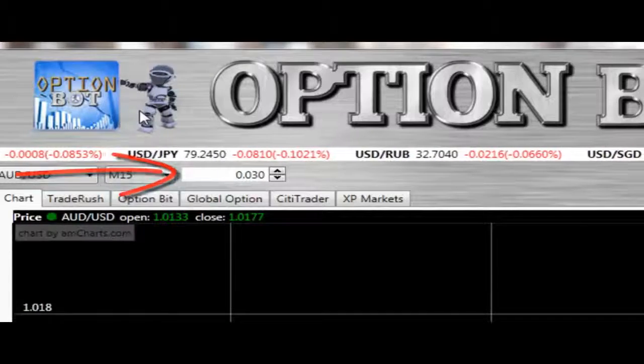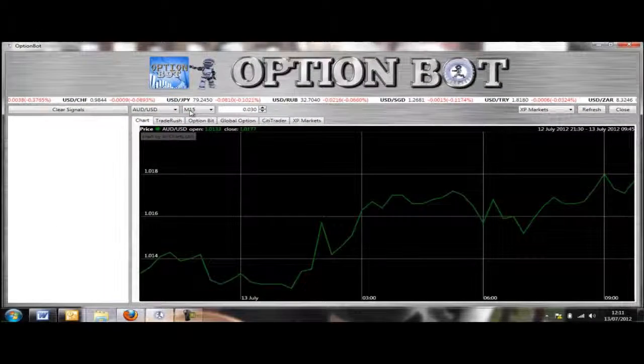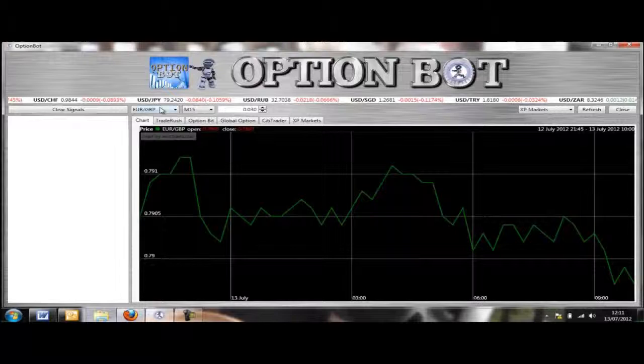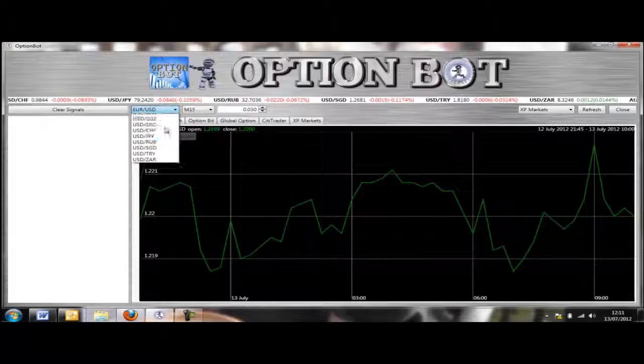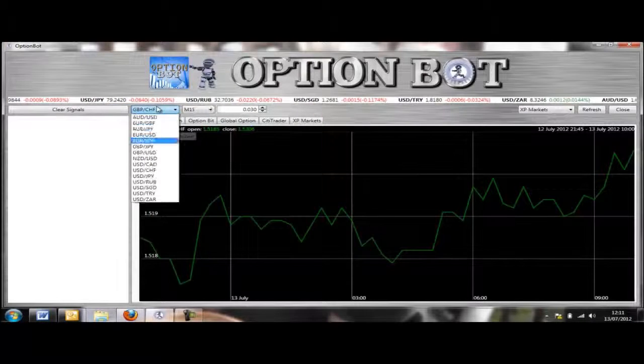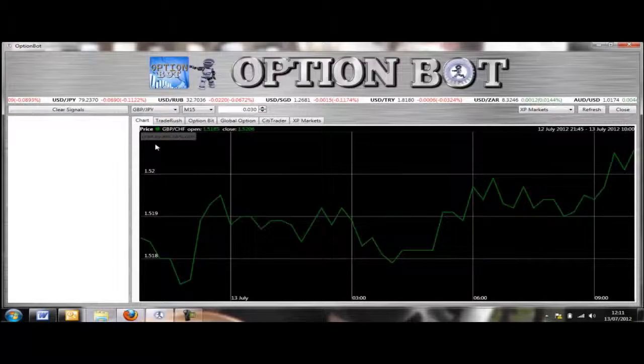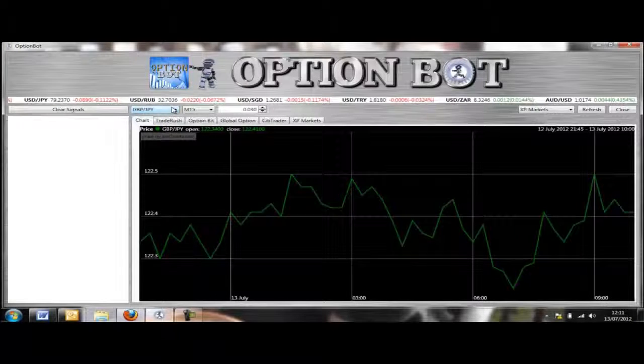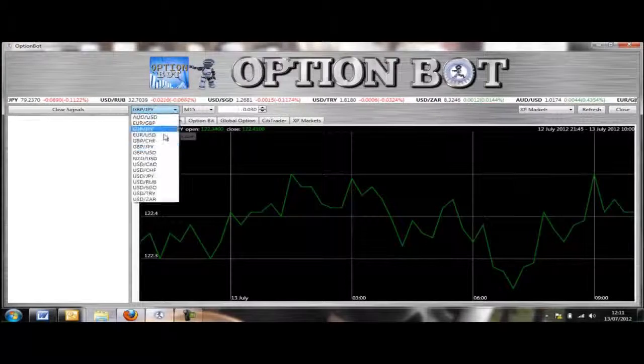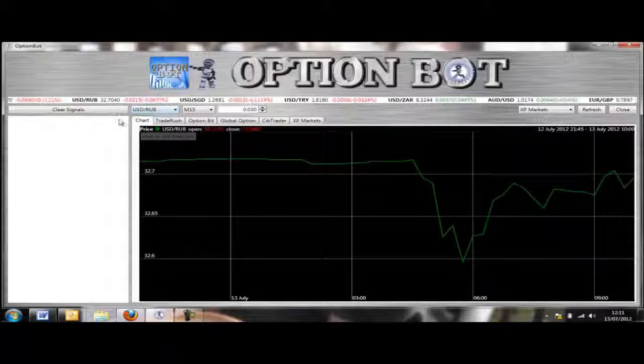However, you can adjust this to suit your own needs. So as I select each currency pair, you can see the chart changing. The software automatically checks these for you, and when the software recognizes any upward or downward jump over a 15-minute time period, it will alert the user in the white panel on the left-hand side of the screen as to which direction it moved and the exact time that this movement was noticed.